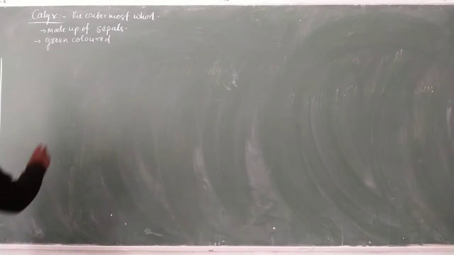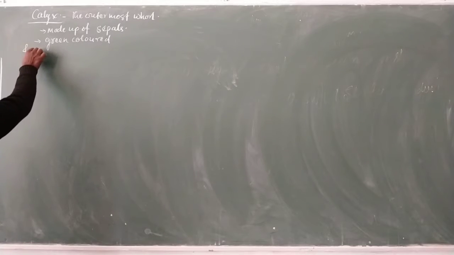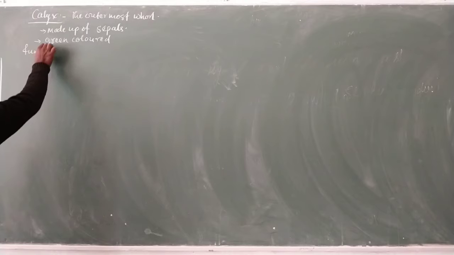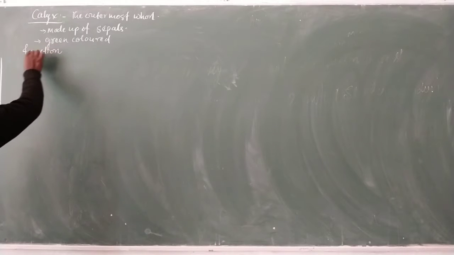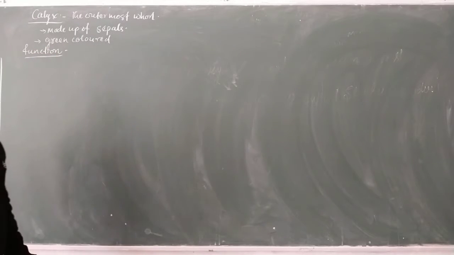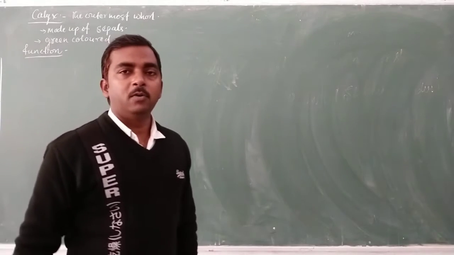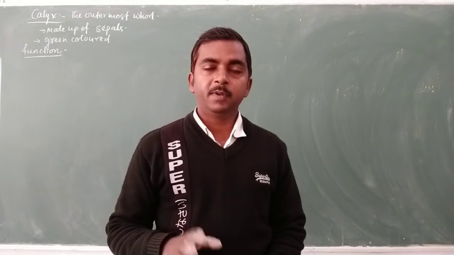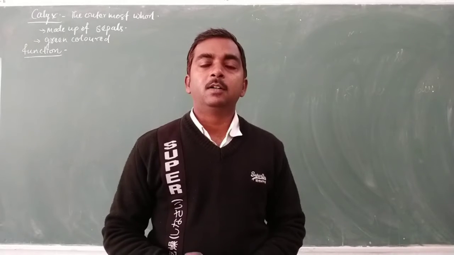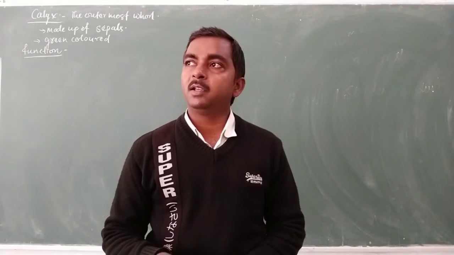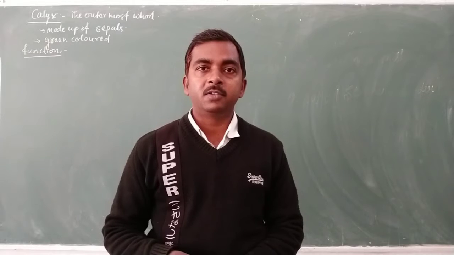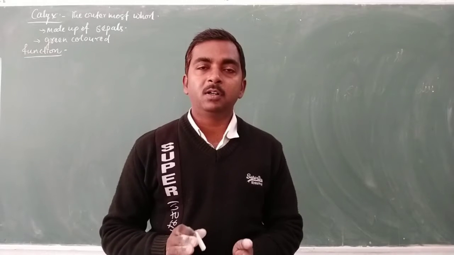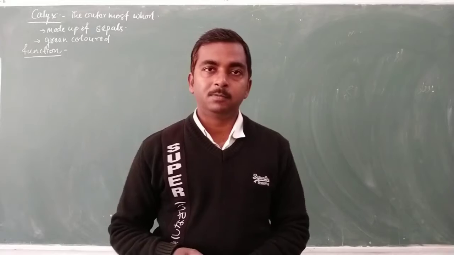These are the various important features of the calyx. And now the function of the calyx or the function of sepals. The calyx or sepals are important in the flower in two stages. The first stage is the bud condition, and the second stage is the flower condition, when the bud changes to the flower.